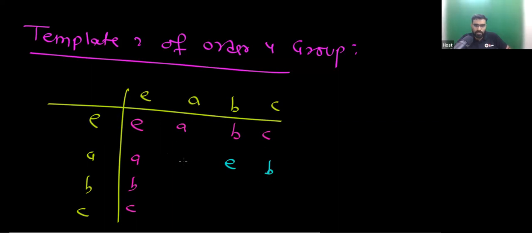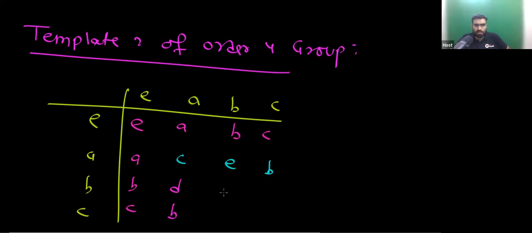So automatically C you have to put here. Now you can see AC is there, so you cannot put B here, so you need to put D and so on.